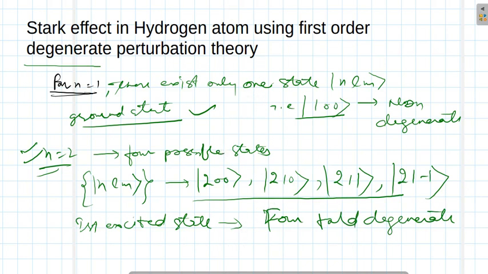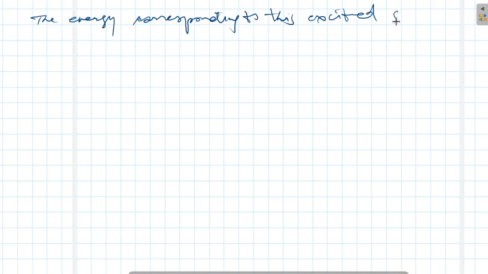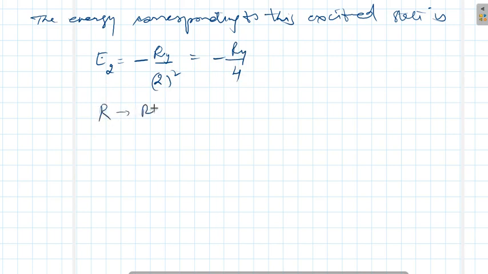The energy corresponding to this excited state is E2 is equal to minus Ry upon 2 square, and it is equal to minus Ry upon 4, where Ry is the Rydberg constant, and its value is 13.6 electron volt.